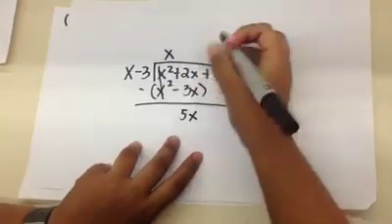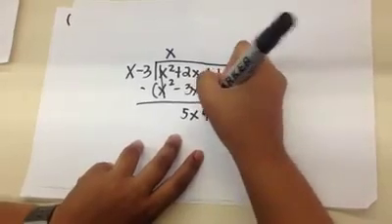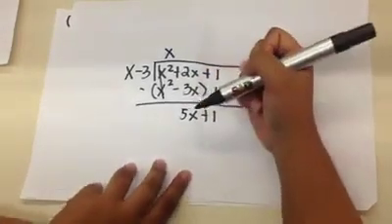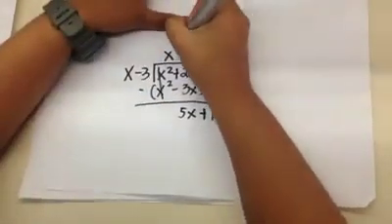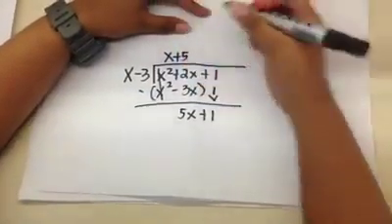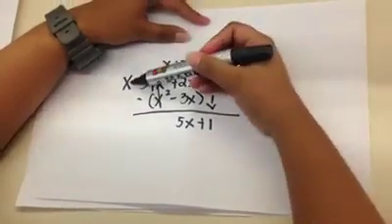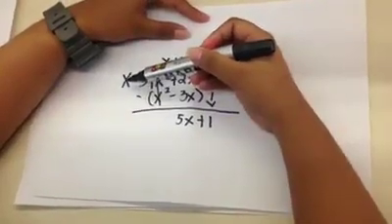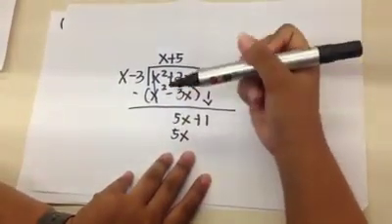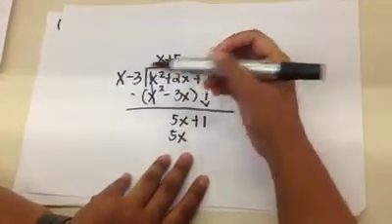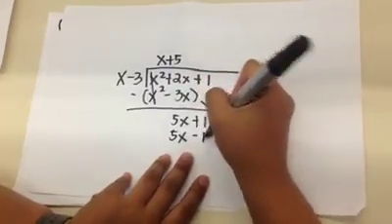Then bring down 1. 5x divided by x is equal to positive 5. Then 5 times x is equal to 5x. Then 5 times negative 3 is equal to negative 15.